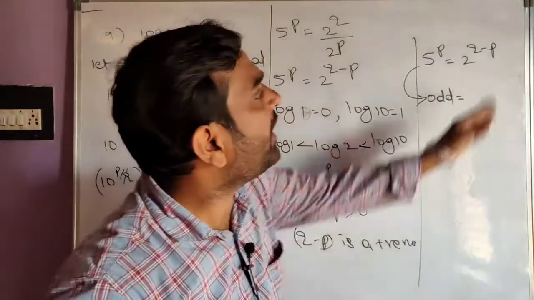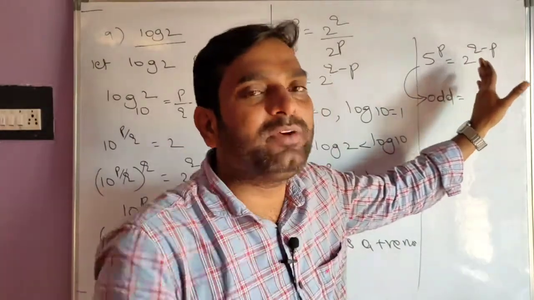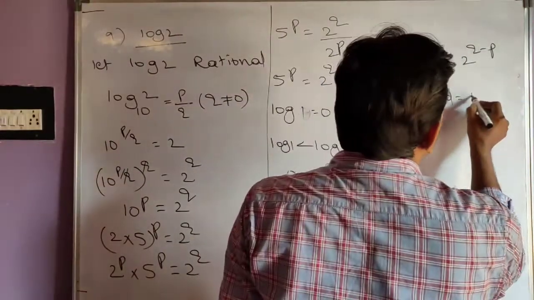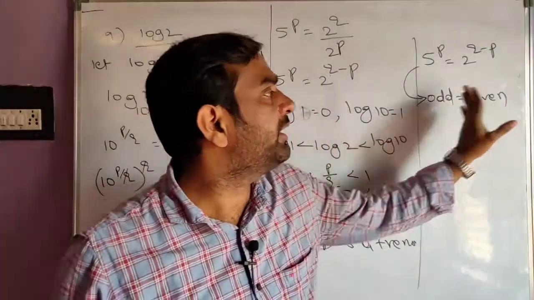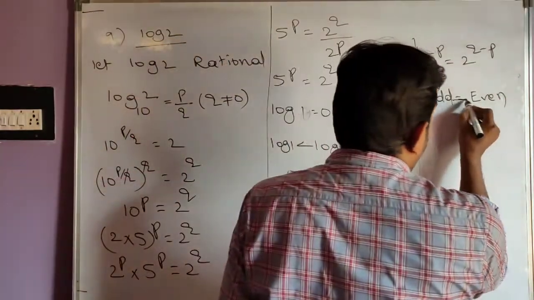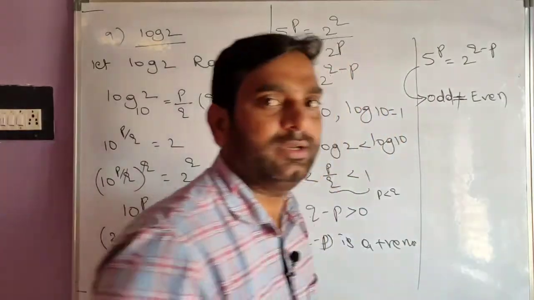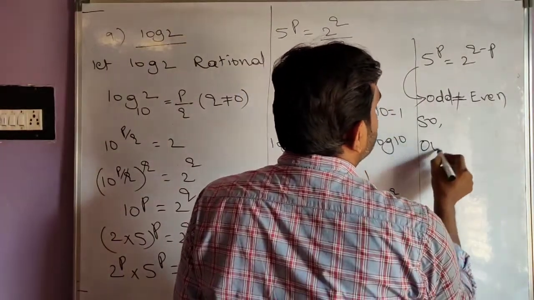Here q minus p is a positive number, and 2 raised to any positive power should be an even number. We got odd number equal to even number. Is this correct? It contradicts. Not correct. So our assumption is wrong.